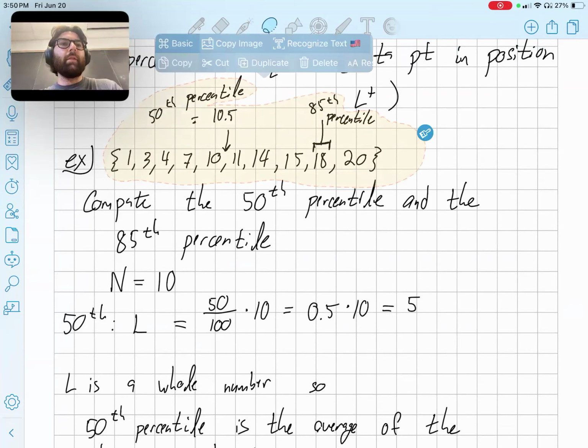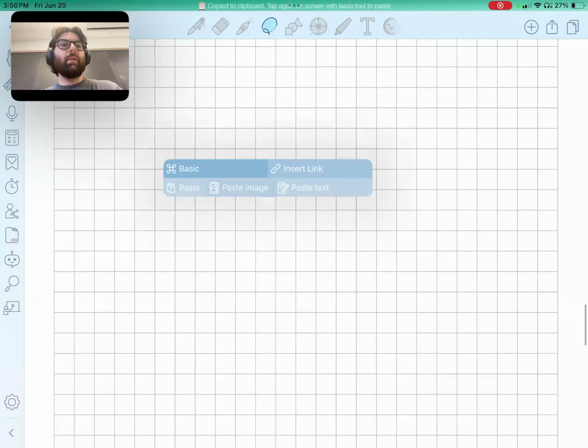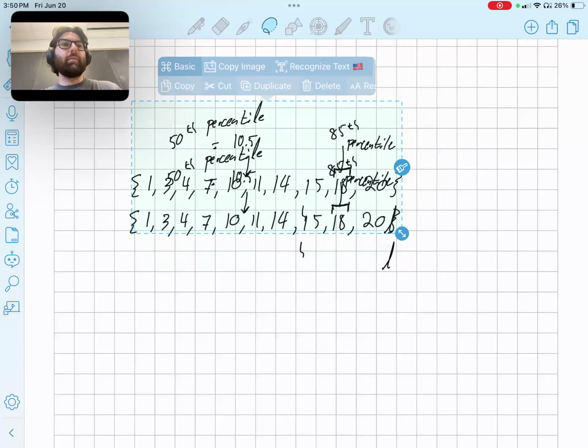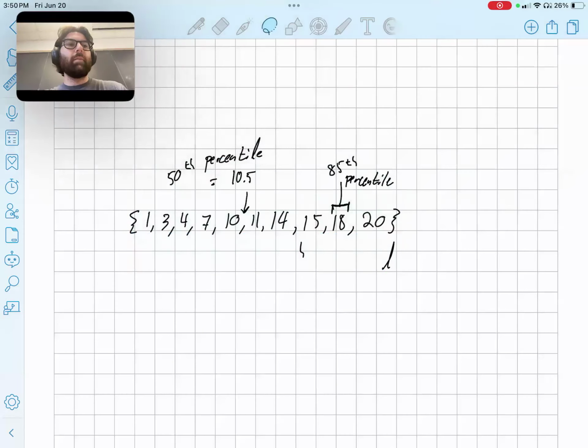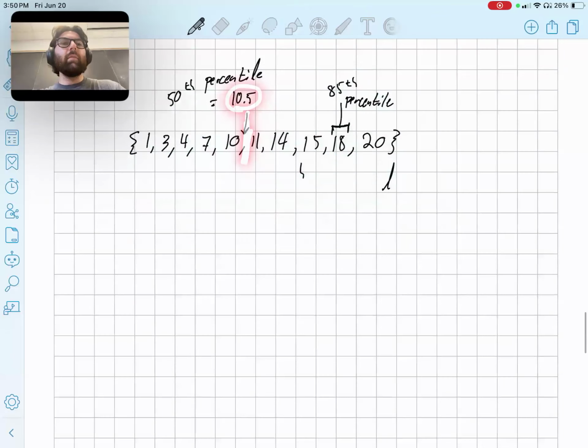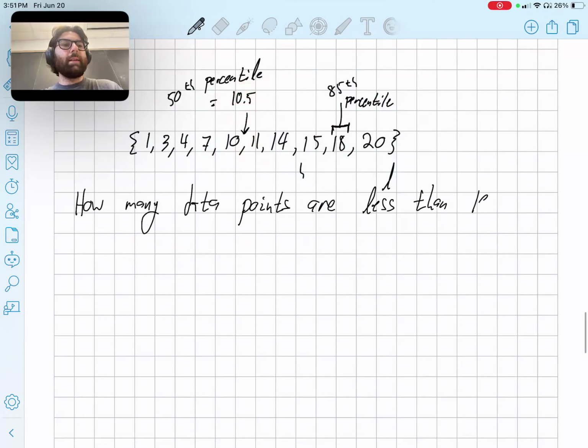Now, I want to make a couple of comments here. Just a couple of observations. Let's look at this 10.5. It sits right in the middle of 10 and 11. So how many data points are less than 10.5? Well, we've got 1 is less than 10.5, 3 is less than 10.5, 4 is less than 10.5, 7 is less than 10.5, and 10 is less than 10.5.